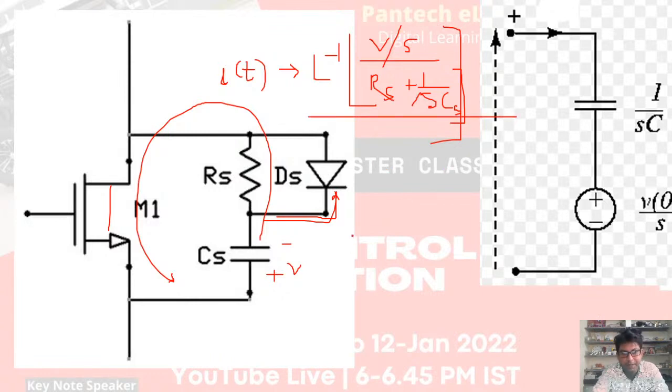Now if I know the peak rating of the MOSFET, then this peak rating at least should be equal to my load current plus this IT.